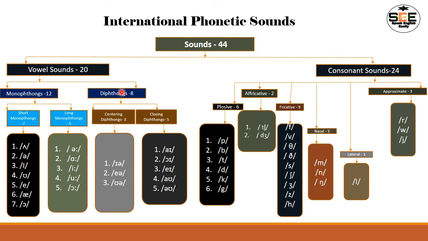It is diphthongs. Diphthongs are eight under vowel sounds, right? There are three centering diphthongs and five closing diphthongs, so total 5 plus 3 equals 8. First of all, we should learn the three centering diphthongs. Number one, it is I and then O sound. It produces EO.